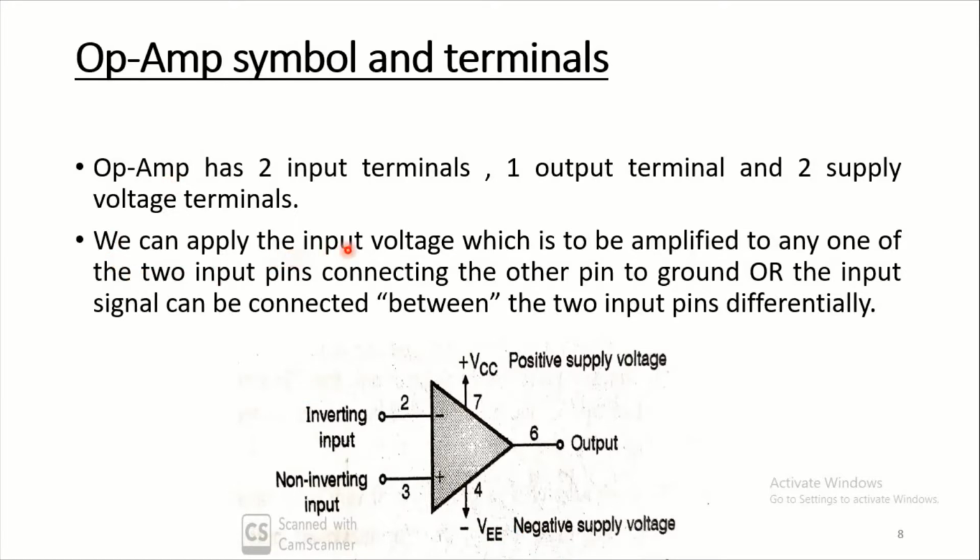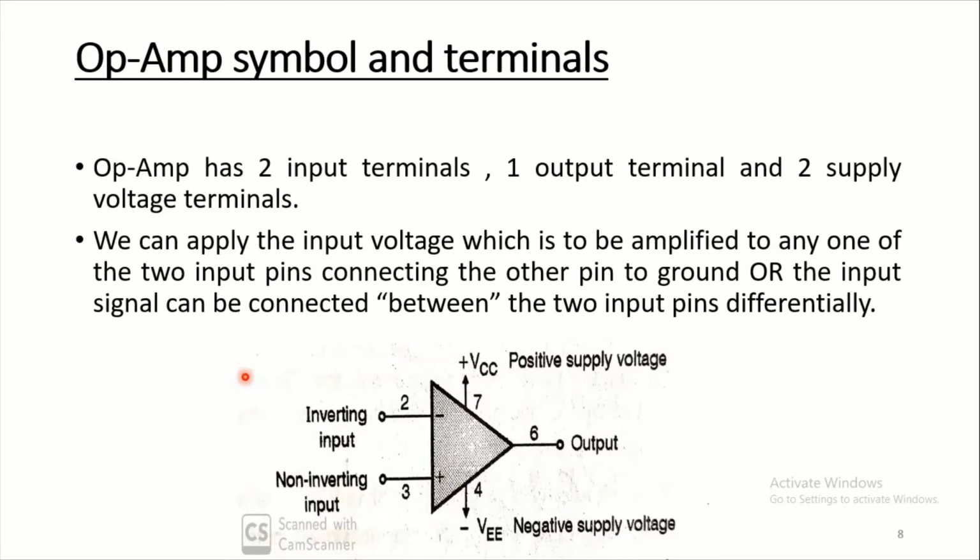We can apply the input voltage which is to be amplified to any of the two input pins, connecting the other pin to the ground. Means we can supply the op-amp in three different ways. The first one, we connect the supply voltage here at the minus terminal and the other terminal should be at the ground. This is the first type.